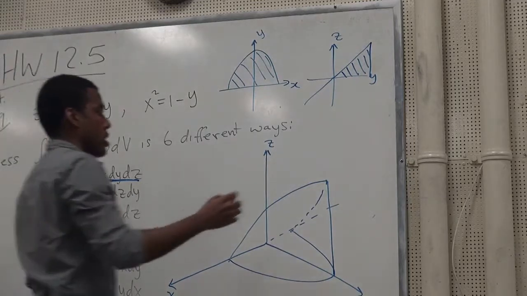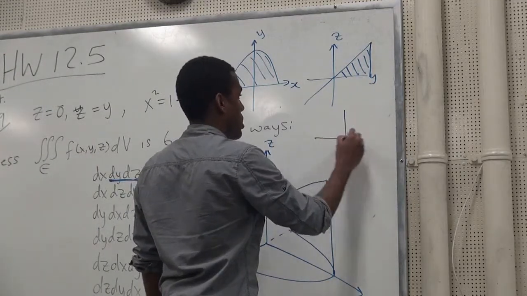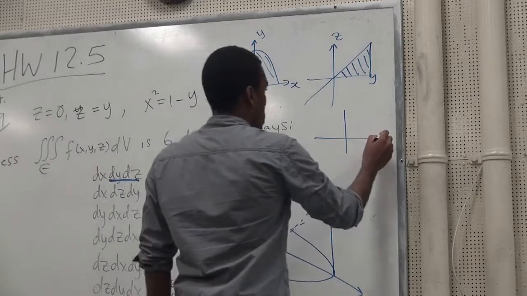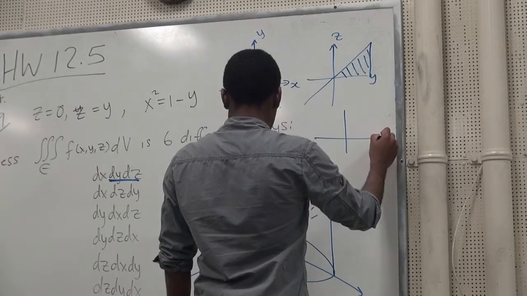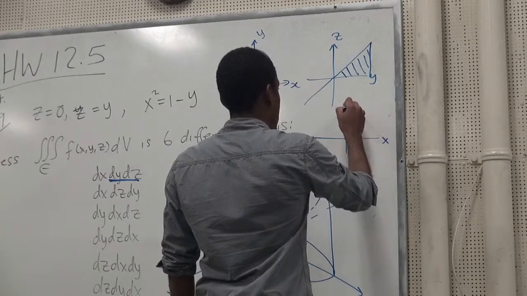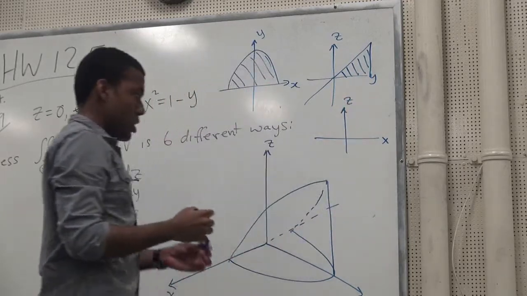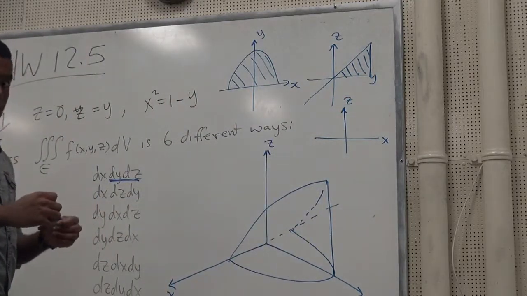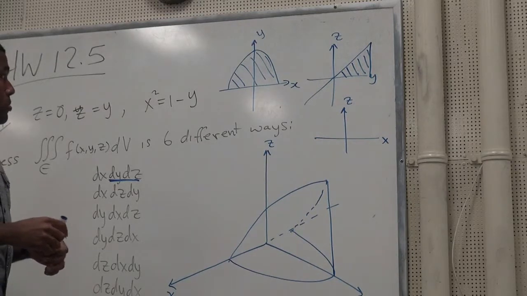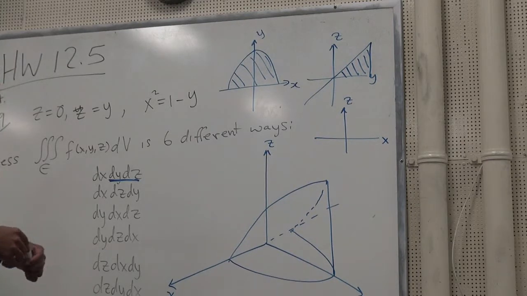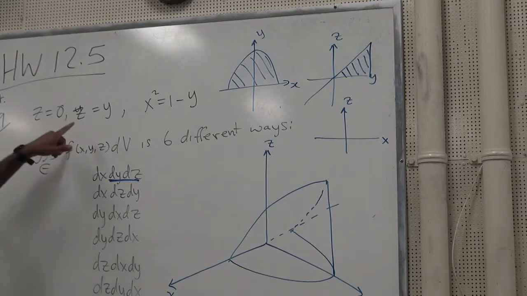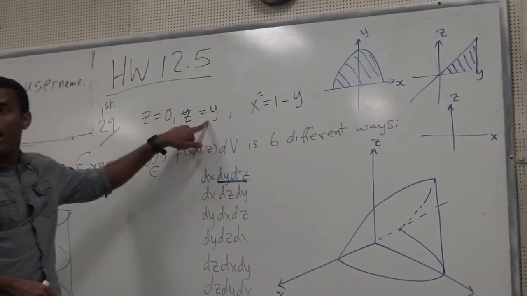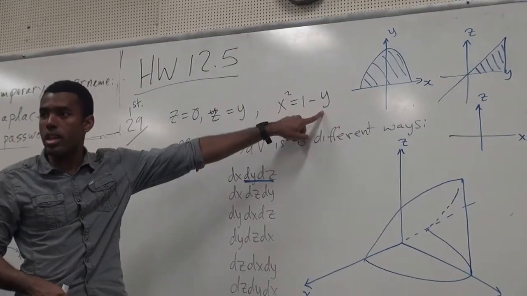If I'm looking in the xz plane, what would it look like? It would also look like a curve. Exactly the same, because z is equal to y, so I can literally just replace the y with the z here.